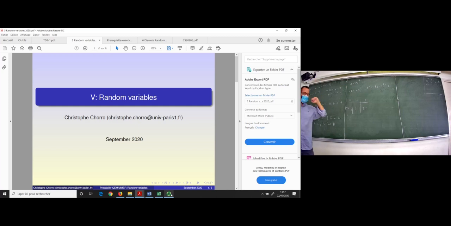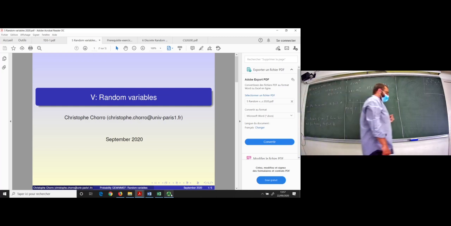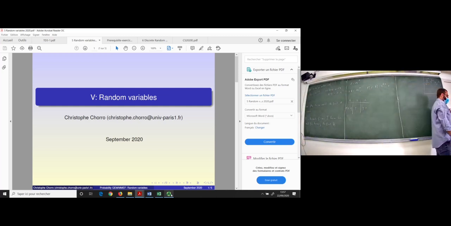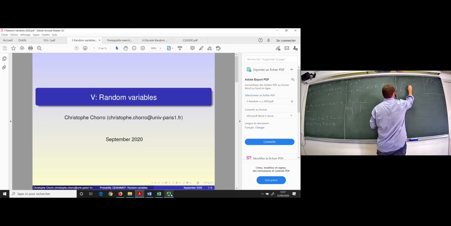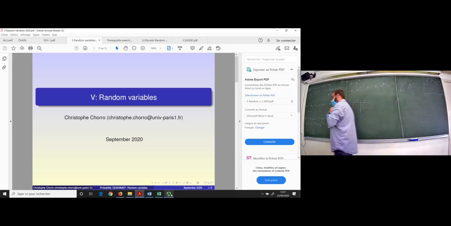You have probably worked before with what we call geometric sequences, and you know that if you do the sum of the n first terms of a geometric sequence, let's write it this way, what do you obtain? Do you remember the formula for this one?